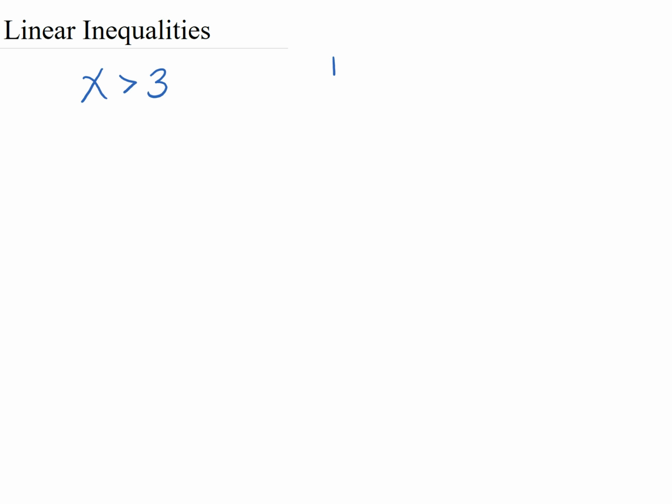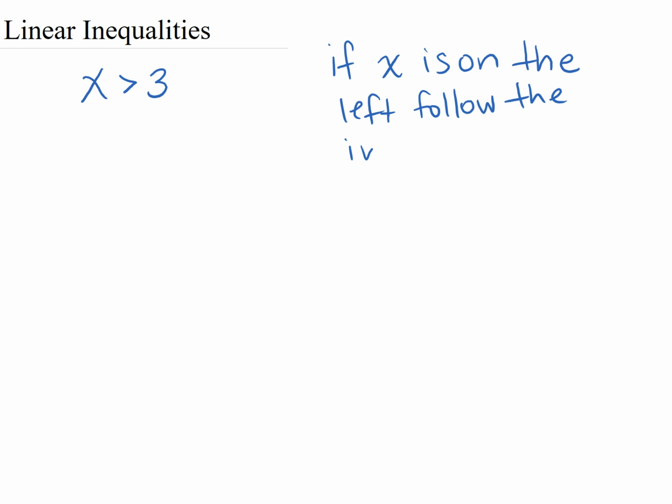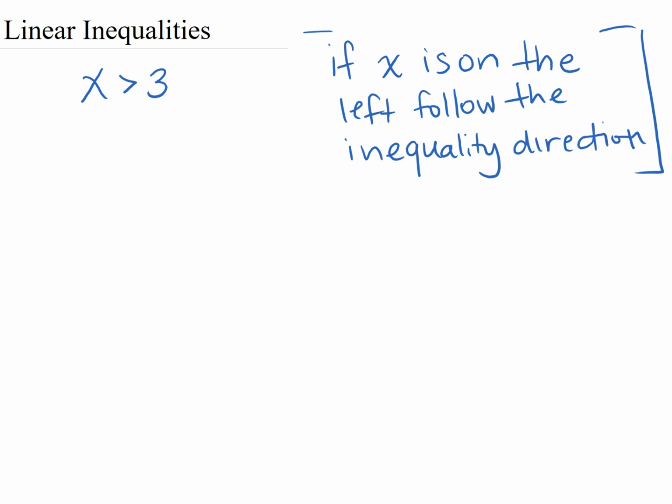I check if x is on the left, I can follow the arrow of the inequality. What I mean by that is I'm currently saying greater than, and so I want to head towards the greater than. If x is not on the left, you have to go in the opposite direction.